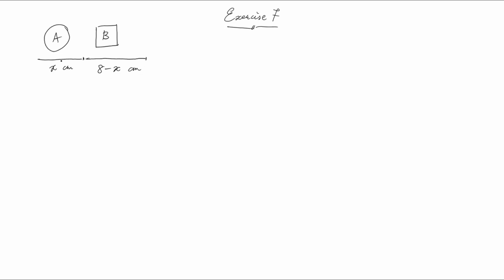So what does this resemble to us? Since this wire is used to make the circle, it goes to show that this X and this 8 minus X are the circumferences of those 2D objects.